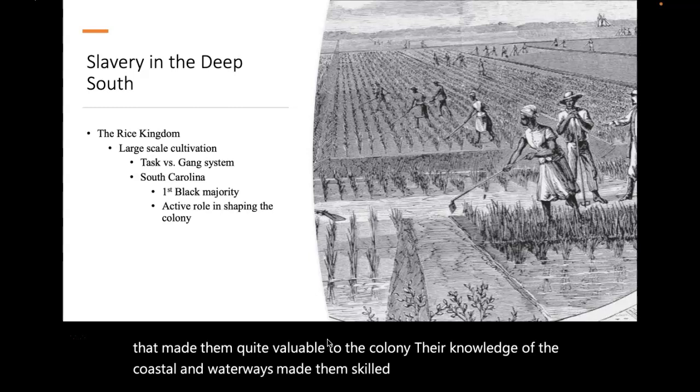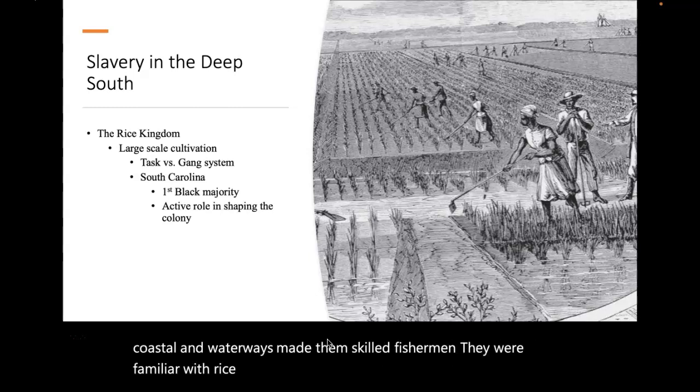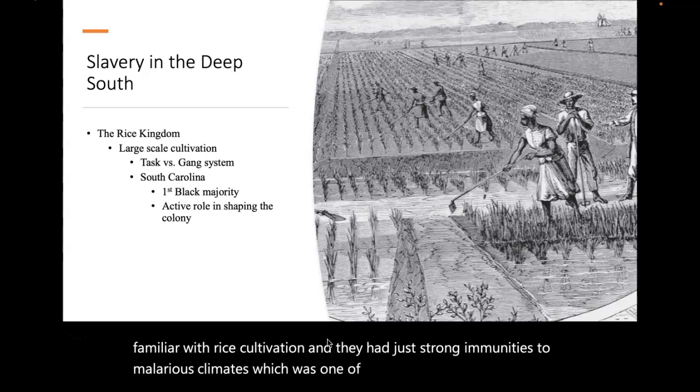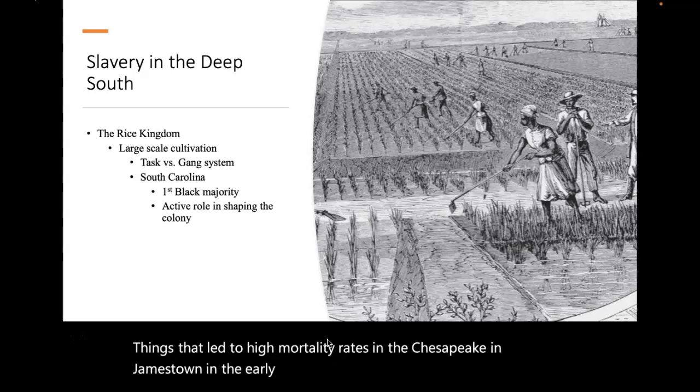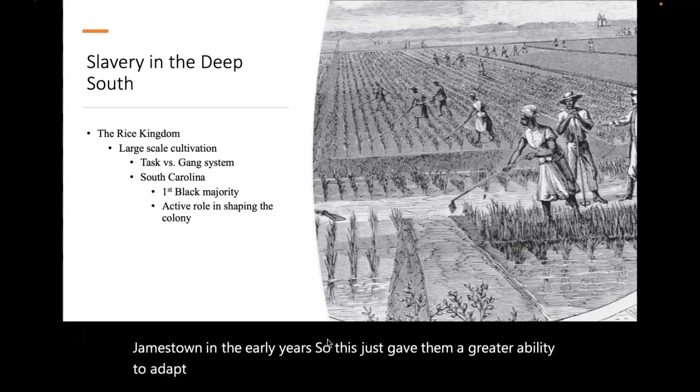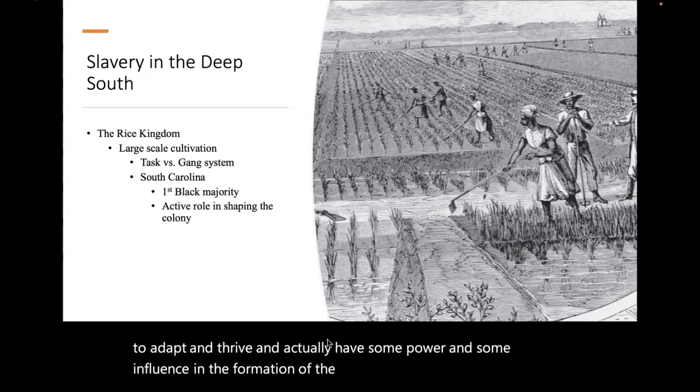They were familiar with rice cultivation, and they had strong immunities to malarial climates, which was one of the things that led to high mortality rates in the Chesapeake in Jamestown in the early years. So this just gave them a greater ability to adapt and thrive and actually have some power and some influence in the formation of the colonial culture.